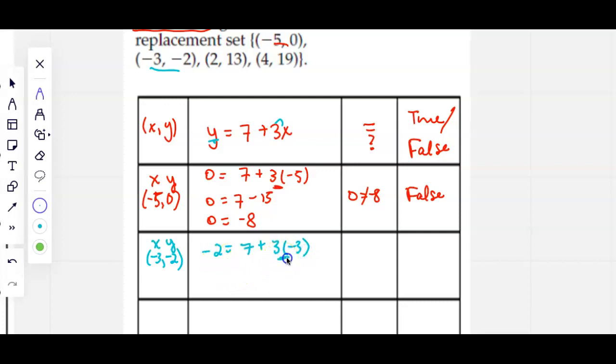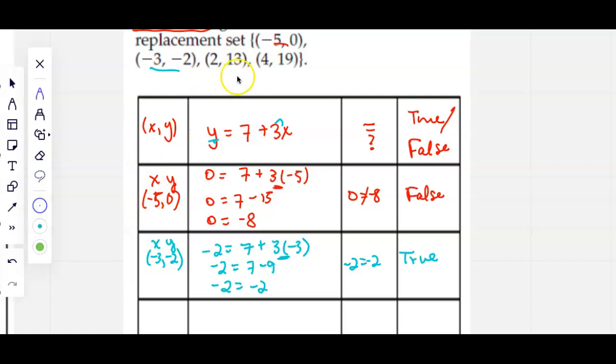Order of operations kicks in. We've got to multiply first. So negative 2 equals 7, and 3 times negative 3 is negative 9. Negative 2 equals 7 minus 9 is negative 2. We got negative 2 equals negative 2. That is true. Negative 2 does equal negative 2.